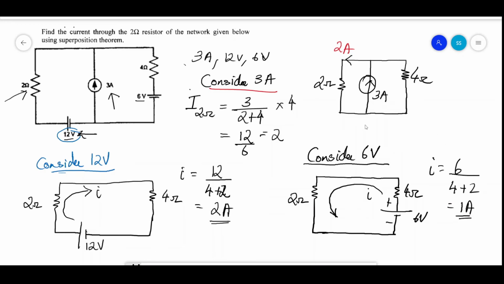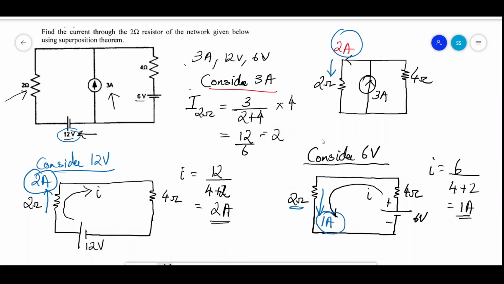As you see here, 2 ampere is going in the downward direction, another 2 ampere is going in the upward direction, and again 1 ampere is coming down in this direction. According to the superposition theorem, the current through this 2 ohm resistor will be the combination of these three currents: 2 ampere, 2 ampere and 1 ampere.